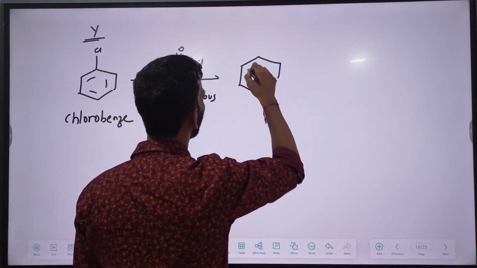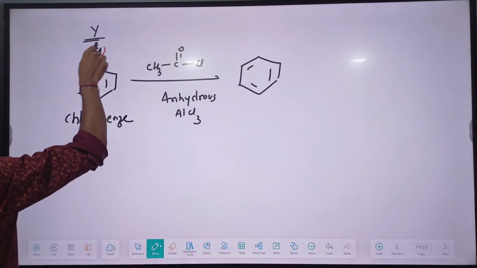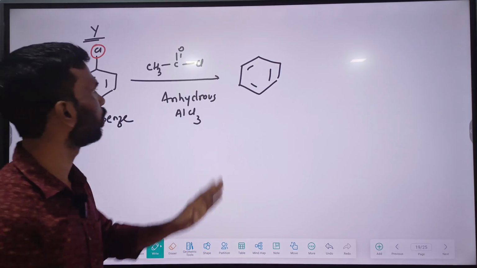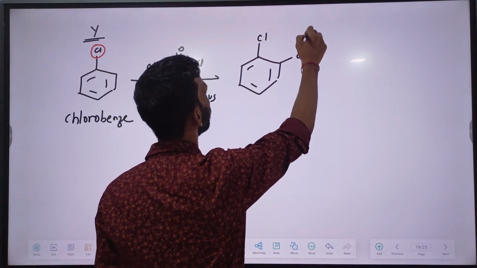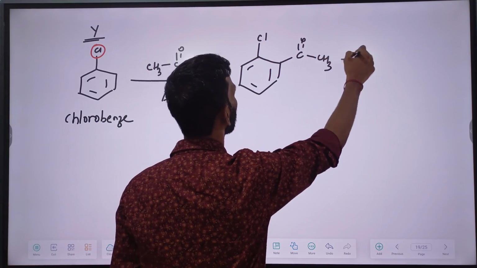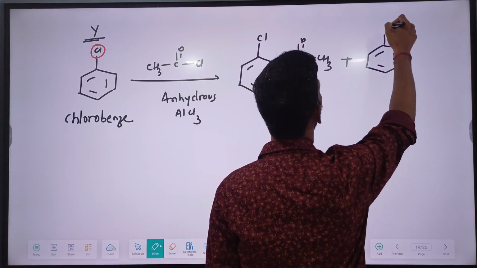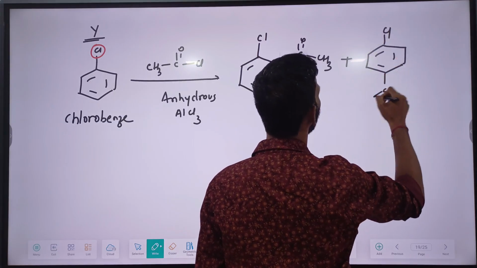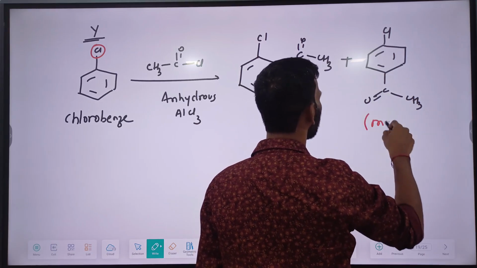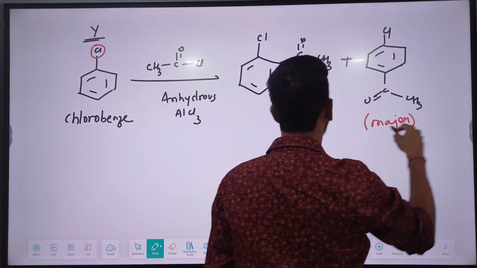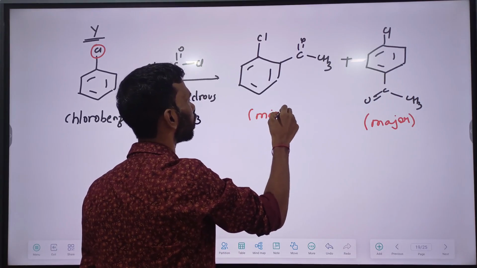It is again an electrophilic aromatic substitution reaction. This will direct an incoming electrophile to 2 positions: one is ortho C double bond OCH3 and the other is para C double bond OCH3. The para is the major product and the ortho is the minor product. You have to write the major one always.